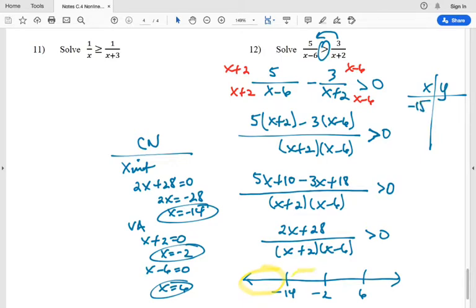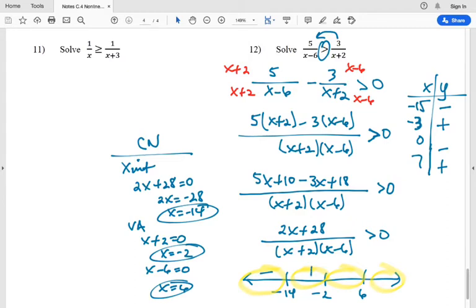When I choose these numbers, I'm going to choose, oh, and -3, I guess. When I choose the next set, I'll choose 0. And when I choose that last set right here, I'm going to choose 7. All right, when you plug those numbers in, numbers in the -15 interval will be negative, and then it'll be positive, negative, and positive.